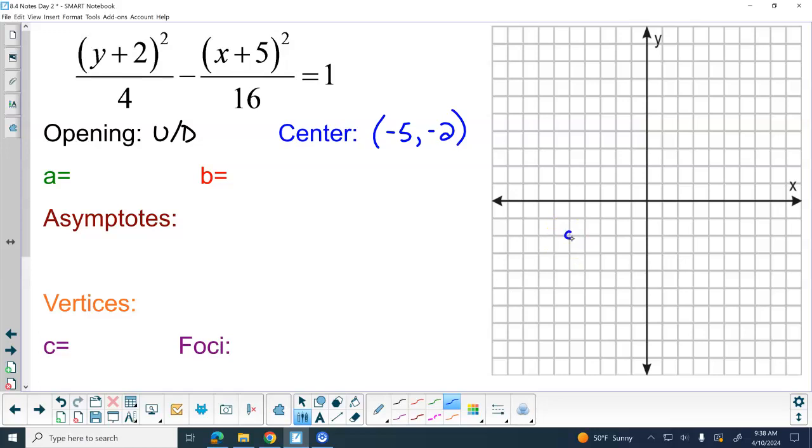Okay? What is my A value? 4, because A squared is underneath X, so A is 4.